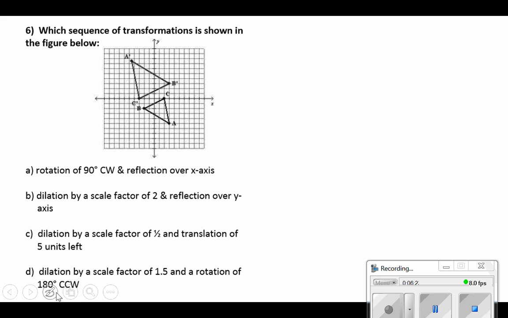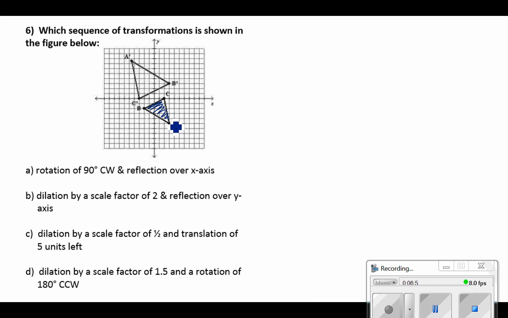Question 6. Which sequence of transformations is shown in the figure below? We have the beginning figure right here, and the ending figure is actually larger, which means we are going to have a dilation.